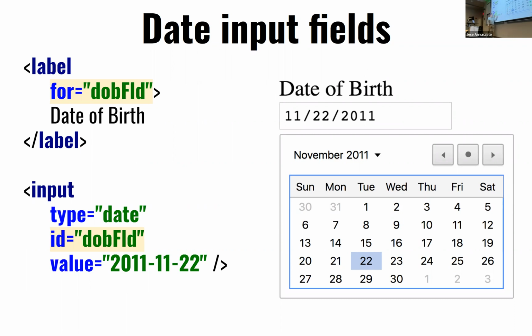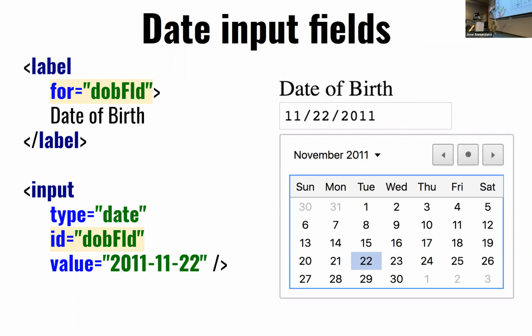The other thing here is that even though this date picker will be based on the region, the default value always has to have this specific format, regardless of the region. This will always be year dash month dash day. Again, year dash month dash day. And certainly there will be some quiz asking you to provide some date picker that has an initial value of November something.